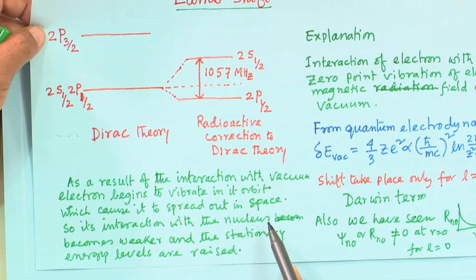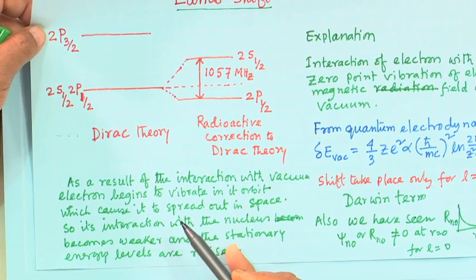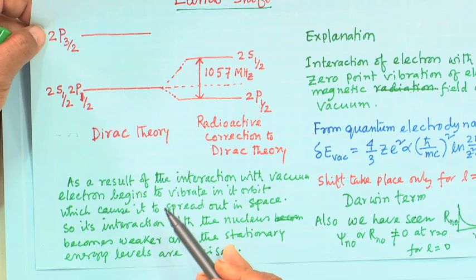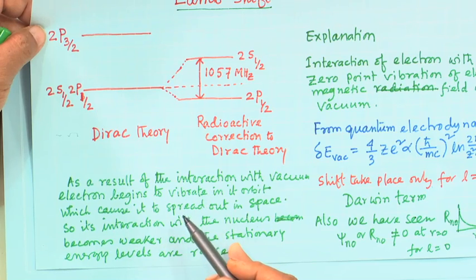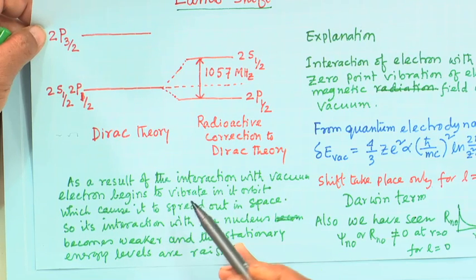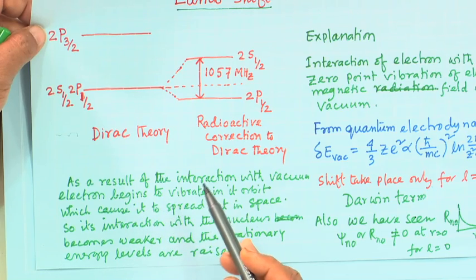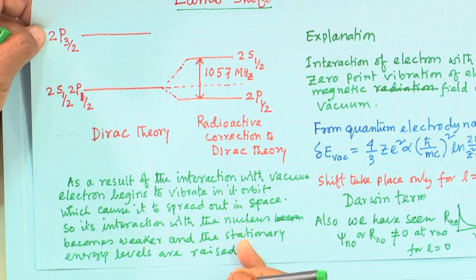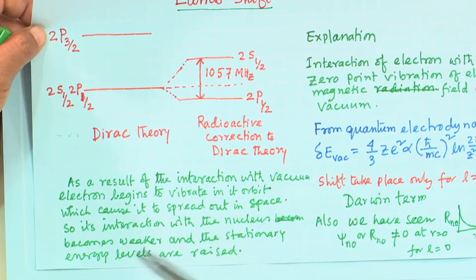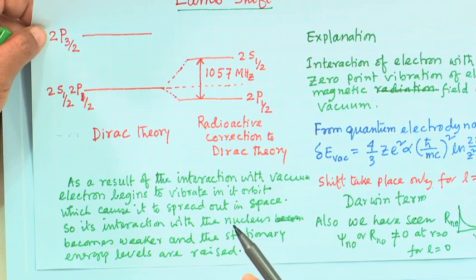There should not be any vibration in vacuum in terms of interaction with the electromagnetic field, but since zero point vibration of the electromagnetic field exists in vacuum, the electron vibrates even in vacuum.